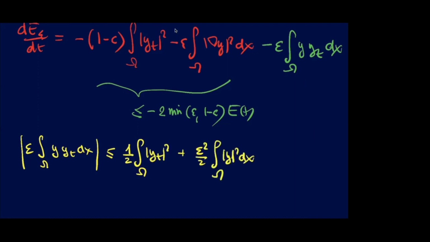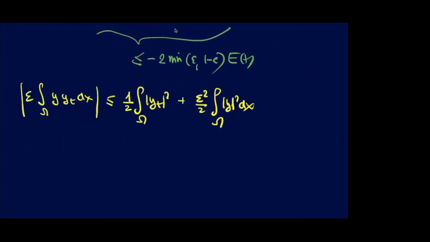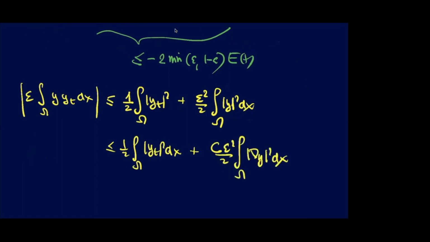This is just Cauchy-Schwarz again. And this will be less than 1 over 2 the integral over omega of YT squared. And then I could apply the Poincare inequality with the corresponding constant C, and this will be C epsilon squared over 2.